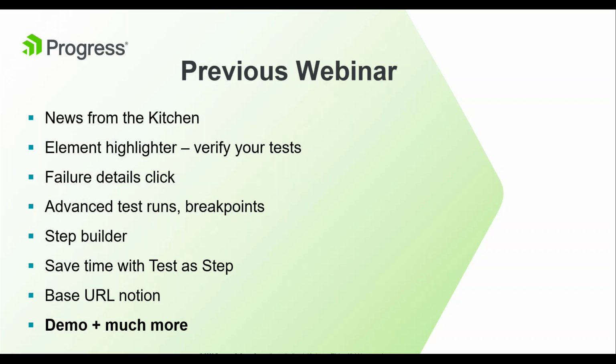We also discussed the base URL notion, which allows you to automate simultaneously your different environments, whether it's testing, staging, pre-production, production, whatever number of environments you might have. And all of this was summarized in a beautiful demo.